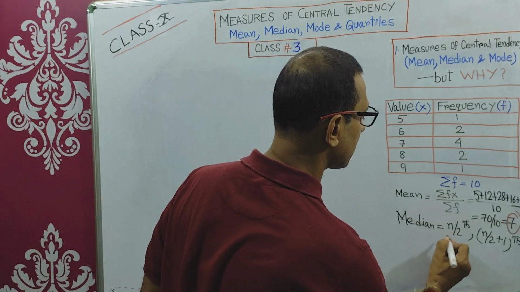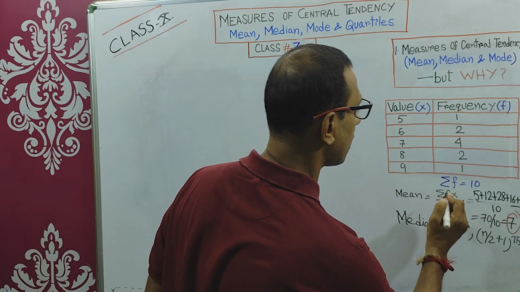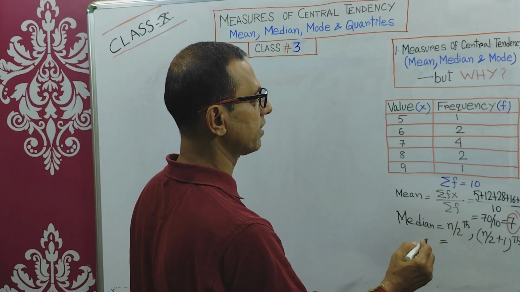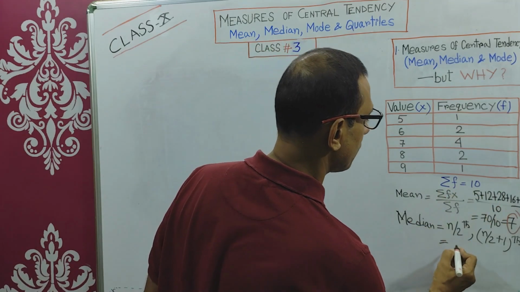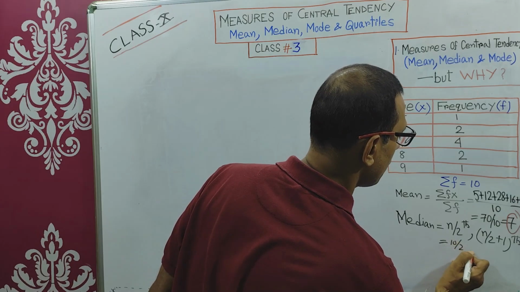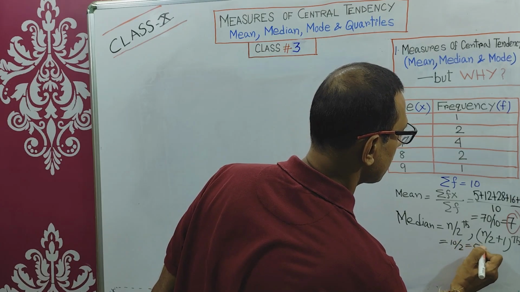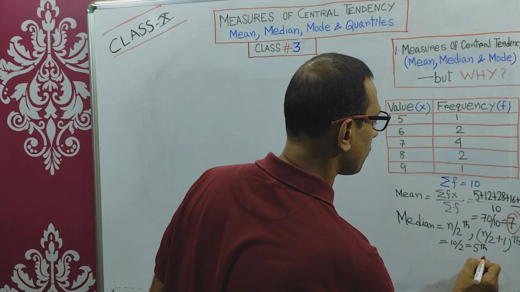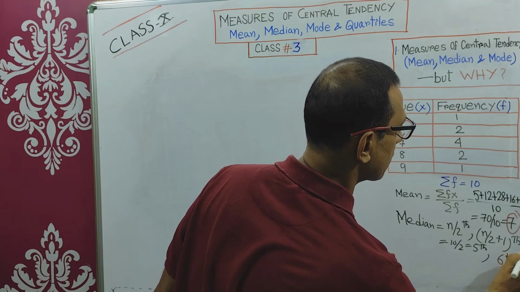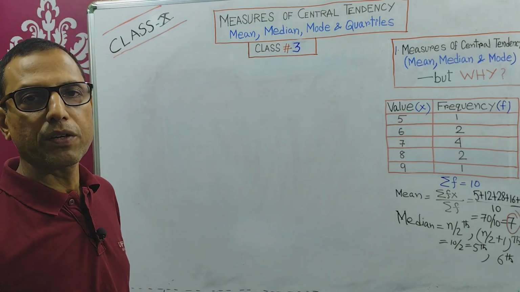So what is n? n is the number of observations. What are the positions for the median for this particular data set? Here n is 10, the total frequency. That means 10 by 2 equals 5, that is the fifth data, and another one will be the sixth data. So the 5th and 6th observations.